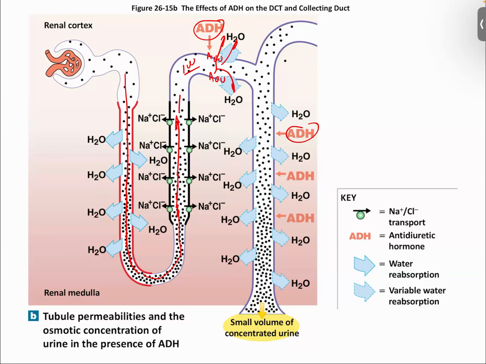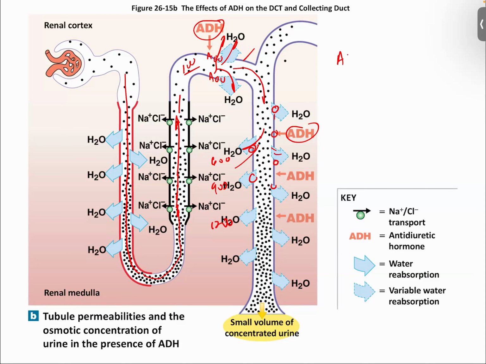So you're getting more water, and as you go down the collecting duct, what was impermeable to water, now you're dropping in all of these aquaporins. So now all this water is able to come out. So you're leaching all this water out at the same time when you're going down the osmotic ladder. This water is doing exactly the same thing in the collecting duct now in the presence of ADH that it was doing in the descending loop of Henle.